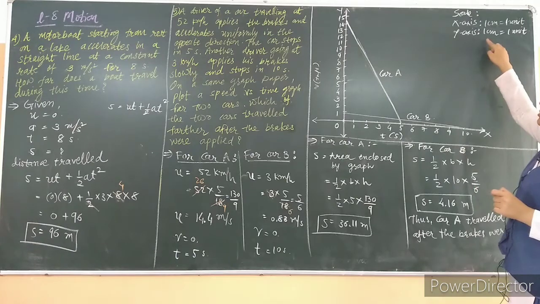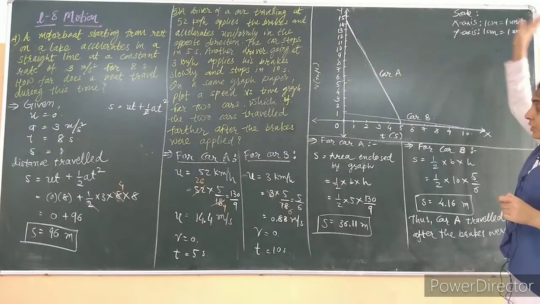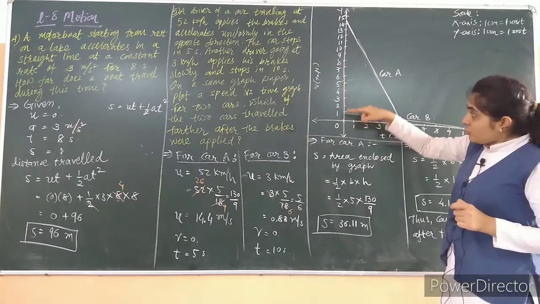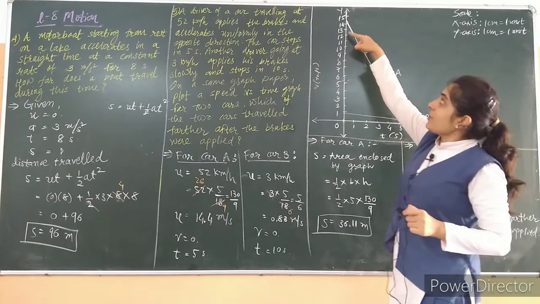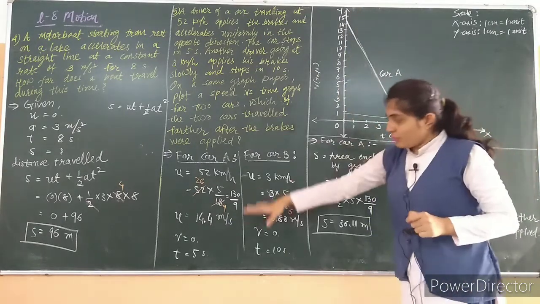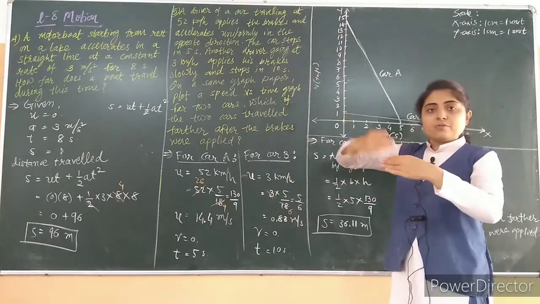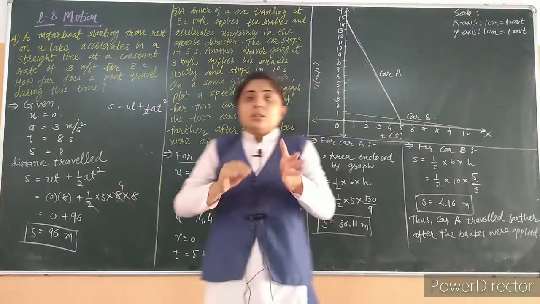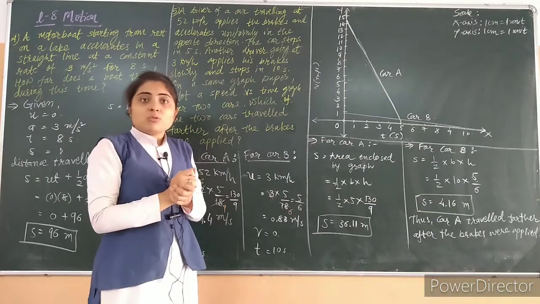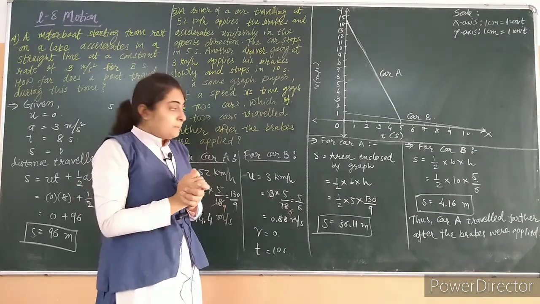So on the y-axis also the scale is 1 centimeter equals 1 unit. Now mention here 1, 2, 3, 4, 5, 6, 7, 8, 9, 10, 11, 12, 13, 14, 15. 14.4 means in between 14 and 15 there will be the point. Now we have plotted the axes, and we have to plot a graph of the motion.